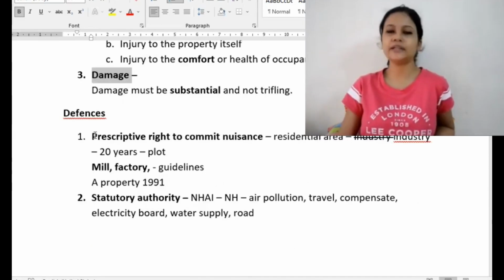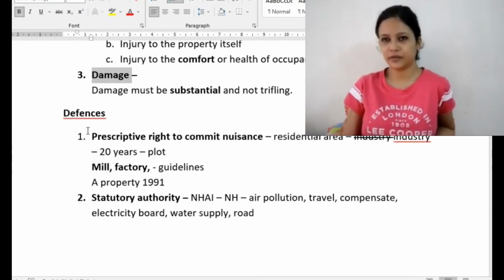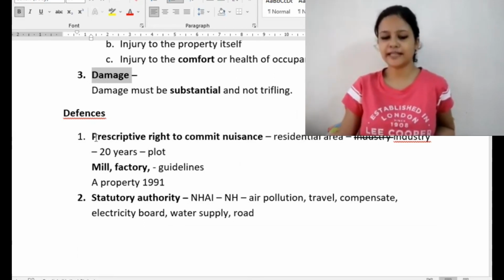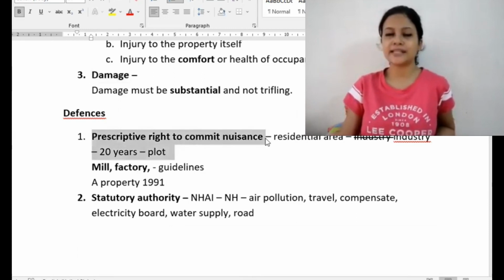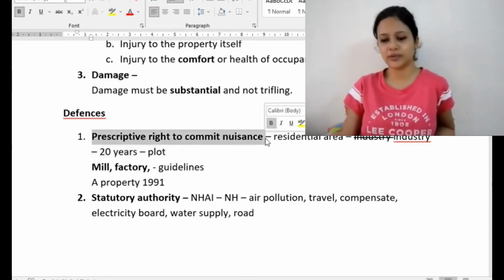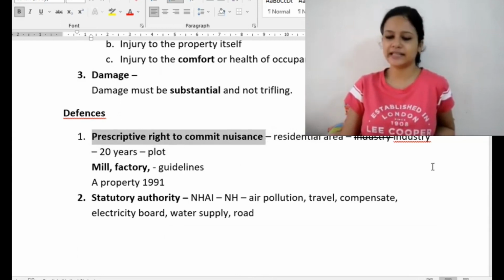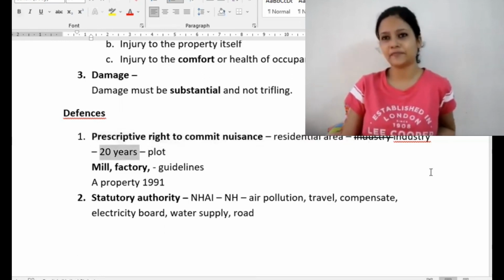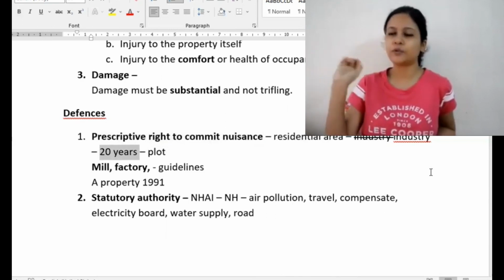But then there are defenses also. We can prove these 2 defenses and try to escape the liability. First of all, we can say that I have got a prescriptive right to commit nuisance. Prescriptive right to commit nuisance basically means there may be one industry which was set up for like 20 years, functioning in a certain remote place.